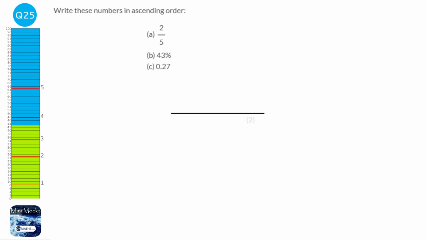The easiest way to compare fractions, decimals and percentages is to convert them all into decimals. So I'm just going to convert this percentage to a decimal, and to do that you just divide by 100. And I'm going to convert this fraction by timesing top and bottom by 10. And we know that 4/10 is 0.4.